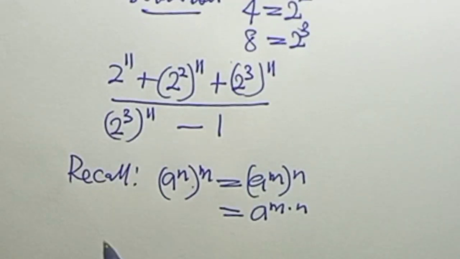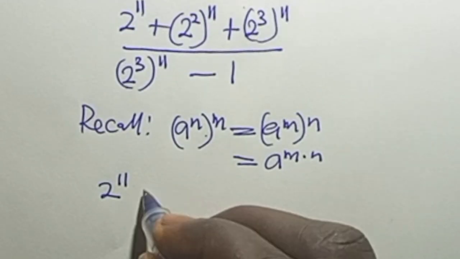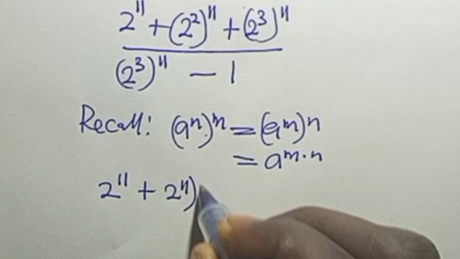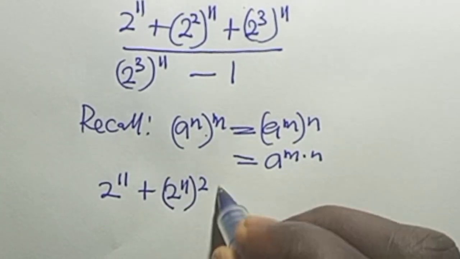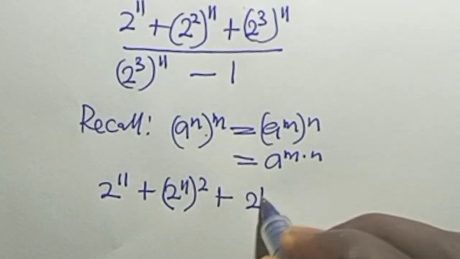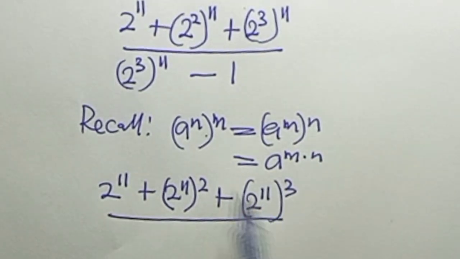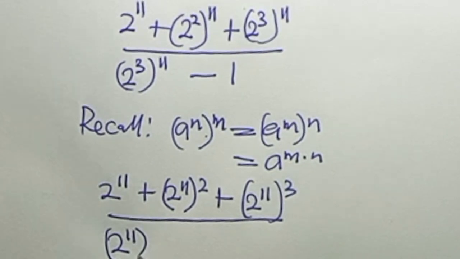So here we write 2^11 + (2^11)^2 + (2^11)^3 all over (2^11)^3 - 1.